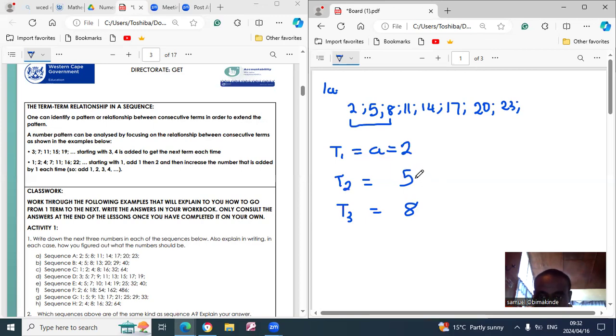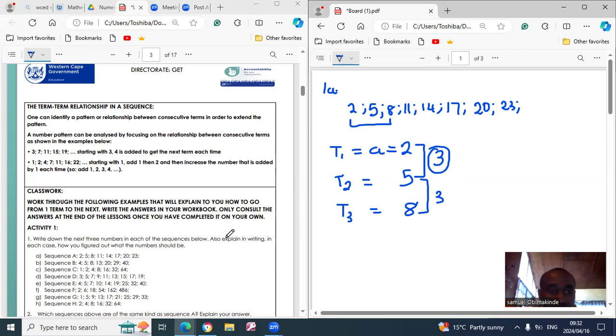The difference between T2 and T1 is 5 minus 2, and that gives us 3. The difference between the third term and the second term is 8 minus 5, and that also gives 3. So 3 is the common difference, a constant difference in this sequence.